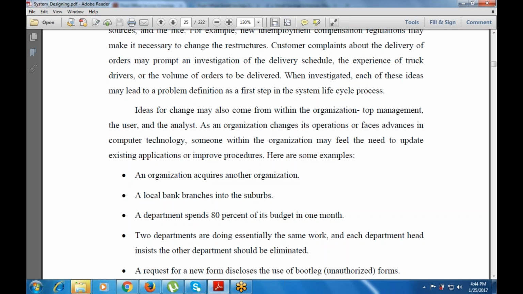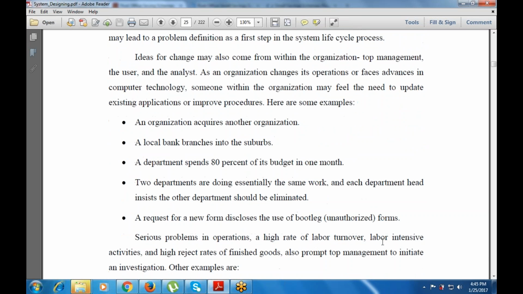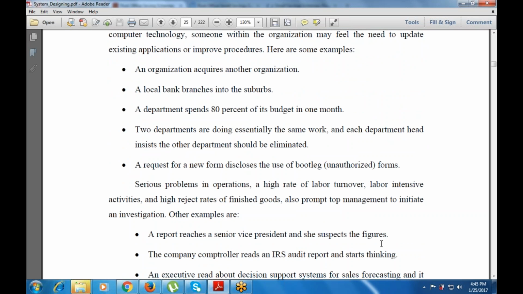A request for a new form also discloses the use of bootleg, that is unauthorized, forms. Serious problems in operations include a high rate of labor turnover, labor-intensive activities, and a high reject rate of goods.